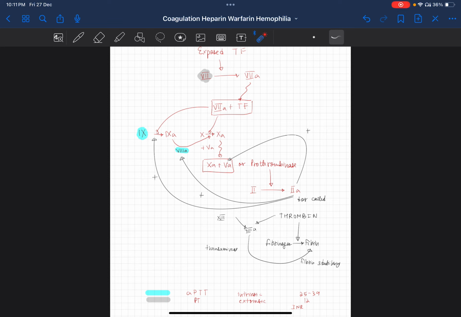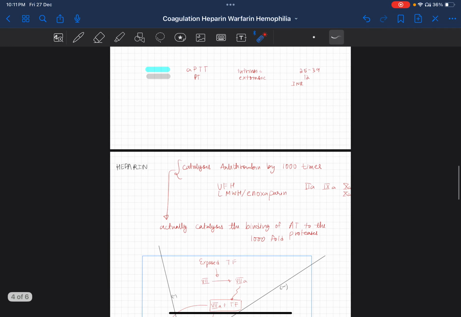What is the exclusive difference between APTT, PT, intrinsic, extrinsic? You have factor 9, factor 8, and this is for intrinsic, which we measure in APTT. In PT or INR, we measure your factor 7, which was from the extrinsic pathway. So this also you remember, this I will talk about later in heparin and warfarin.